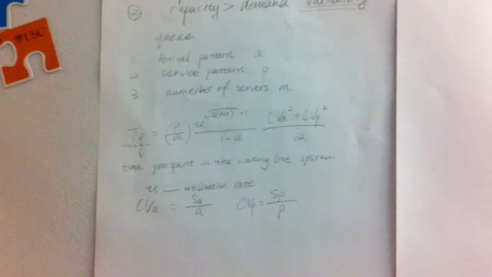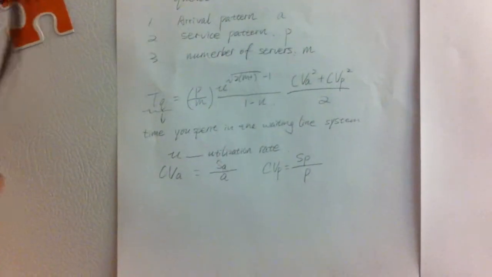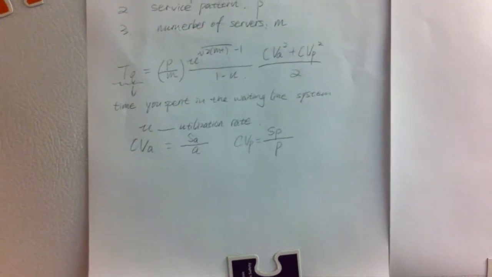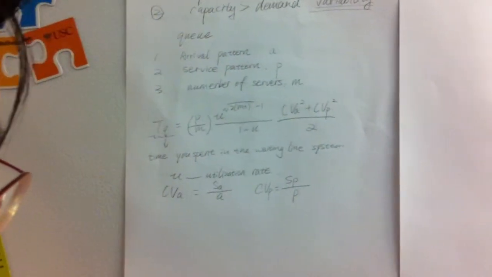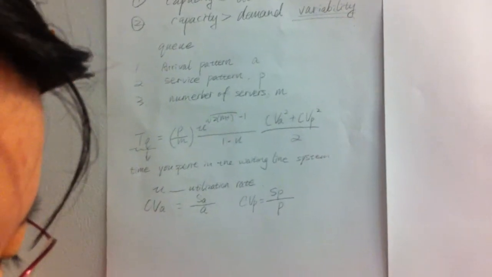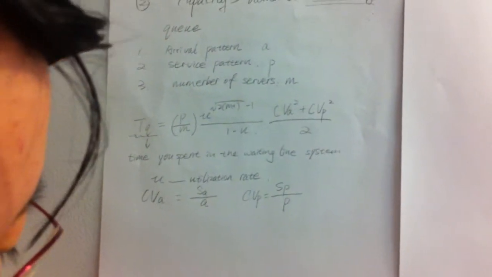So, okay, now we understand this complicated equation. Now let's do an example. Let me read the problem. On average, there are 10 customers per hour for the checkout line. The standard deviation of the inter-arrival time SA is 5 minutes, and the service time for checkout has a mean of 5 minutes.